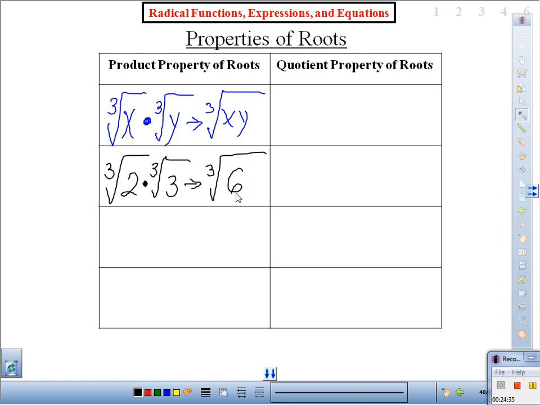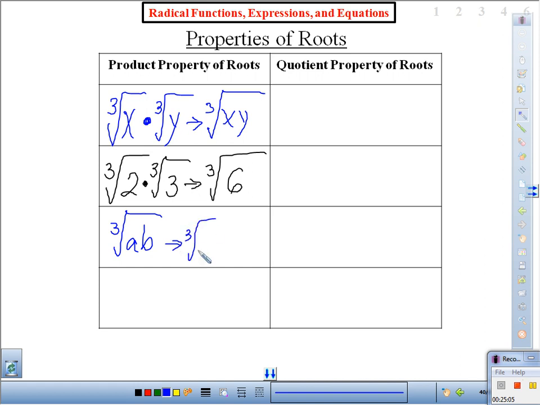Now I'm going to do the converse. No, I'm not talking about shoes. I'm talking about the converse, which means going backwards. So watch. If I start with cube root of AB, how can I rewrite that?